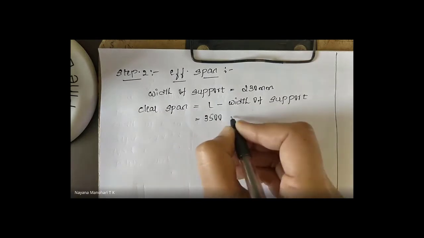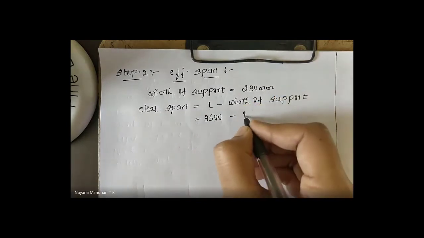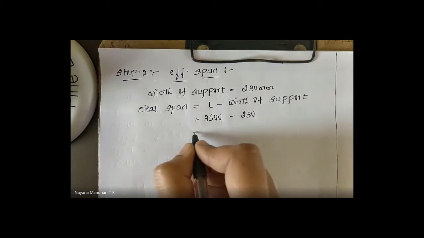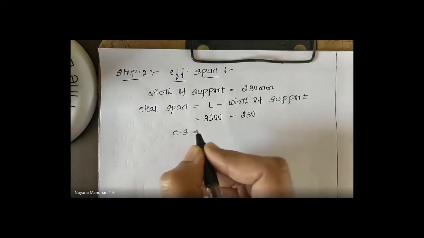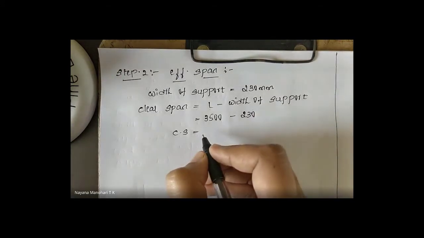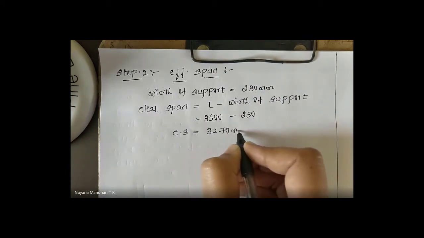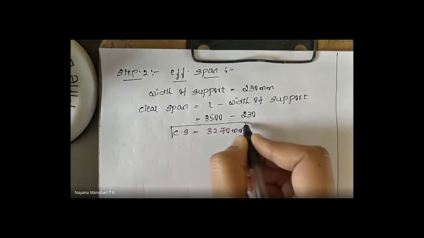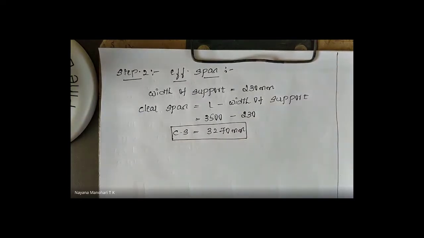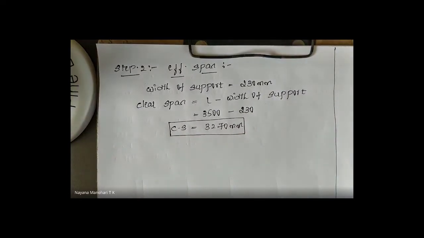That is 3500 minus width of support, it is 230. Calculate that, the clear span. You will get it as 3270 mm. This is your clear span.